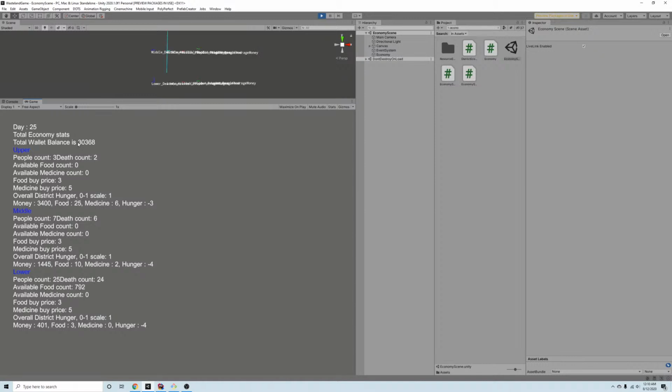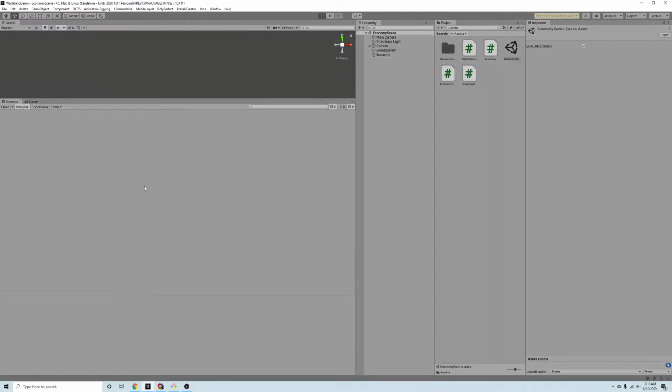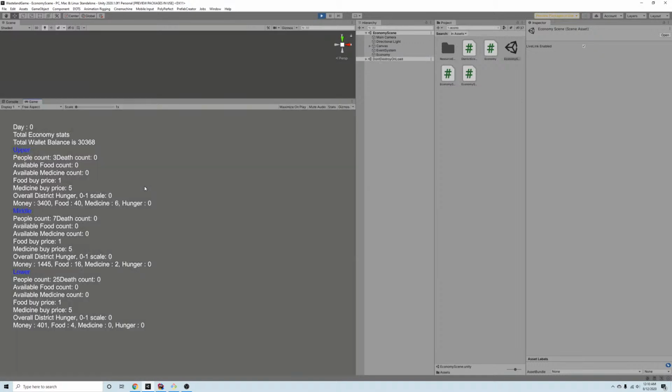So let's see. This looks good to me. I don't know why the money never changed here. That doesn't look correct.